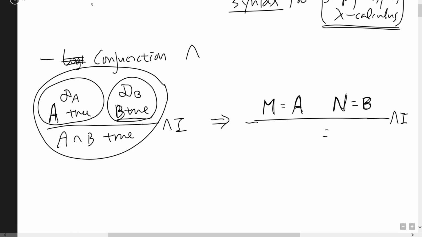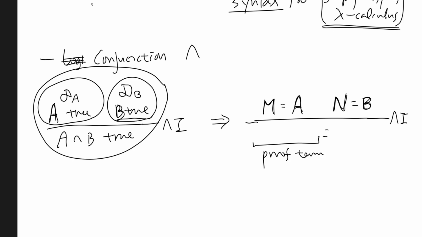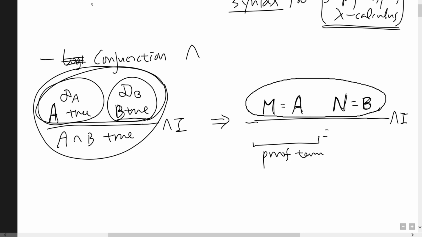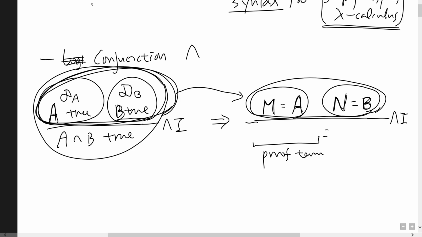Whatever comes here is going to be a new proof term, and it should be expressive enough to represent everything shown over here. In other words, these proofs were converted to these two proof terms, and this proof term should contain everything shown in the premise.